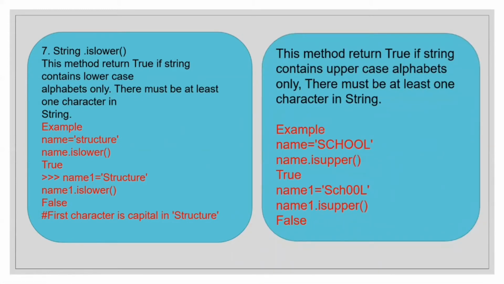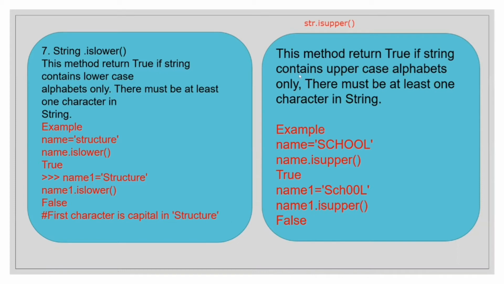Then we have is upper. Okay, I have missed the heading over here. It is string dot is upper. Okay, I'll write it down. Is upper, str dot is upper. This checks if the string contains all uppercase, it's going to give true.